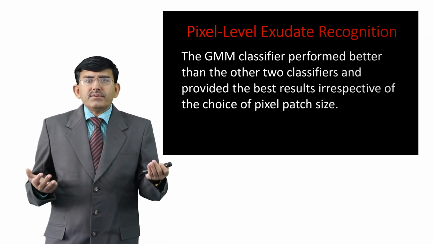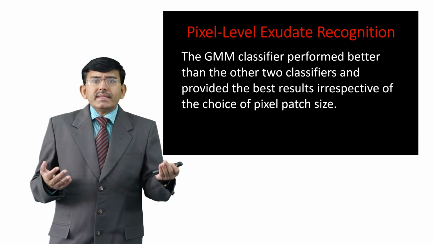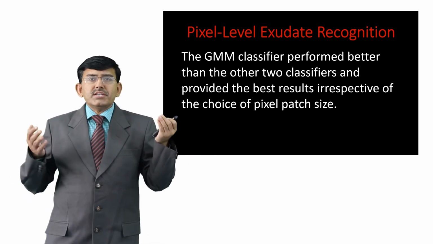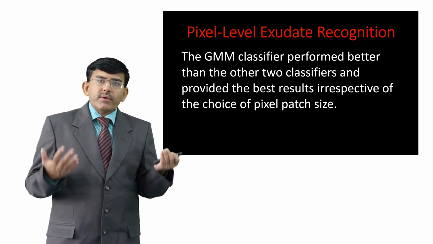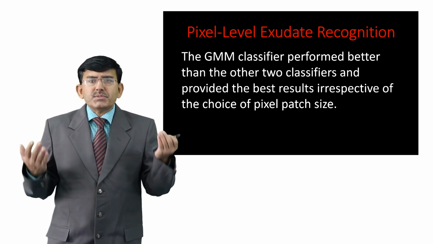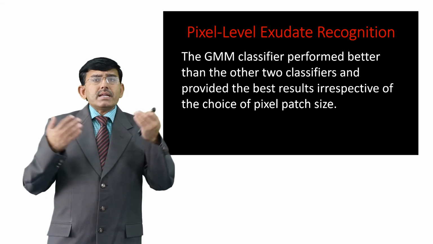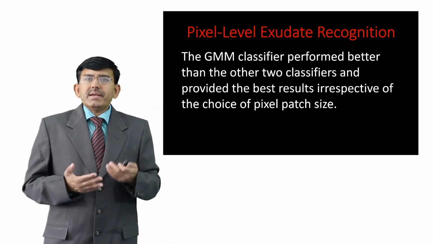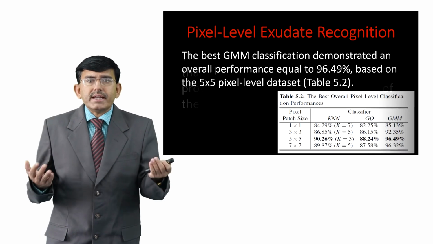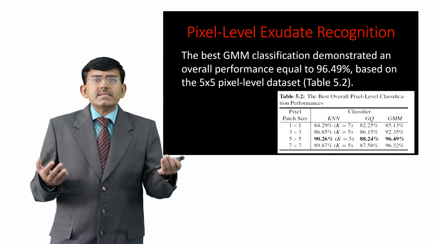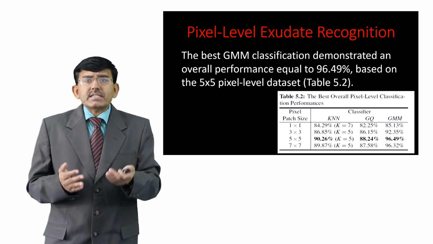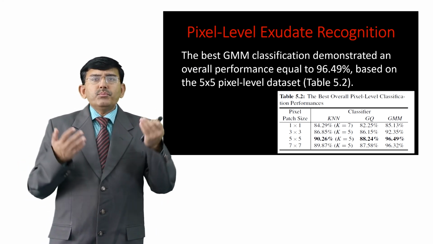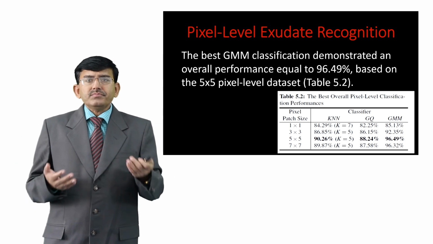The GMM classifier performed better than the other two classifiers which we have used in this particular case study, and provided the best result irrespective of the choice of pixel patch size. The best GMM classification demonstrated an overall performance equal to 96.49% based on the 5 by 5 pixel level dataset.